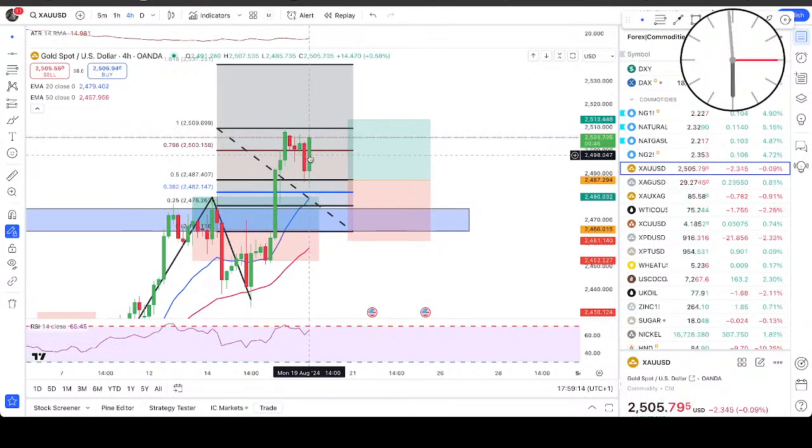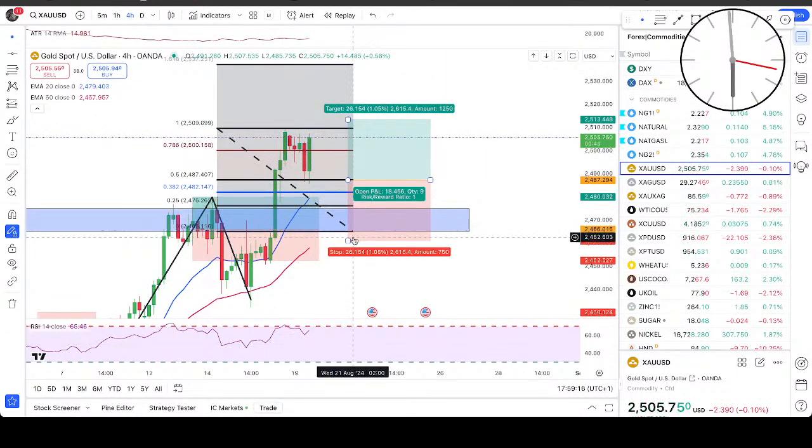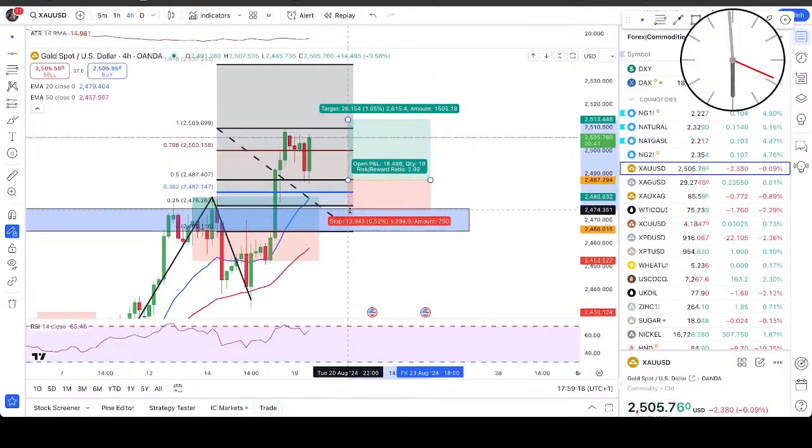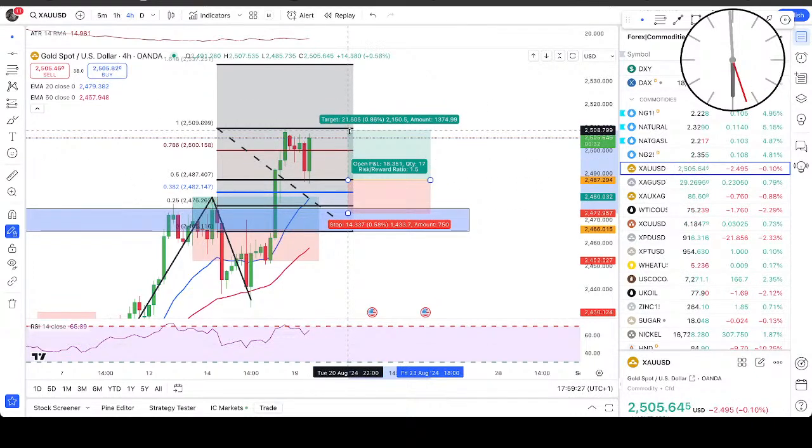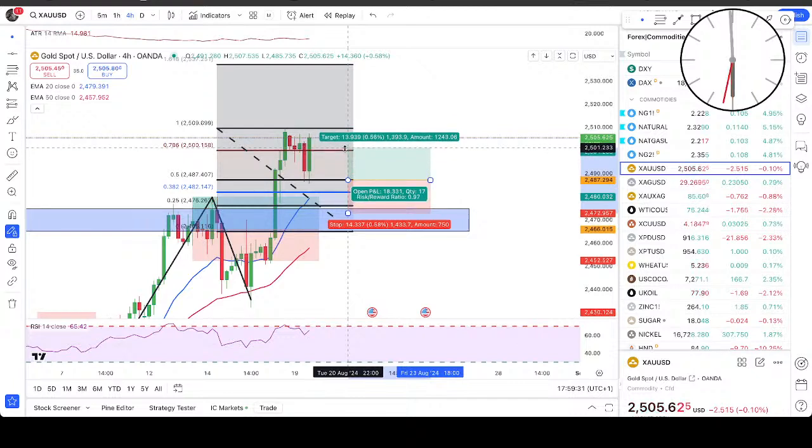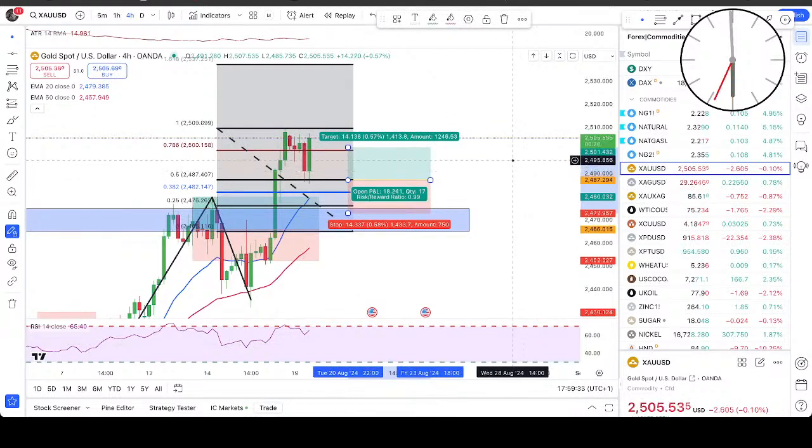So according to that, take profit 1 is $14, right? That is the take profit 1, stop loss. Now the take profit 1 has been hit right here. So now this trade, first take profit has been hit.